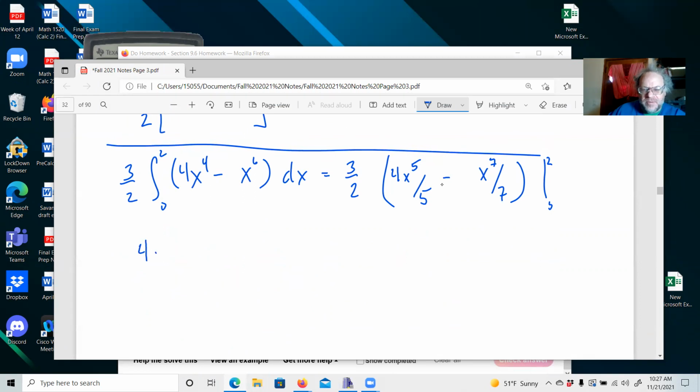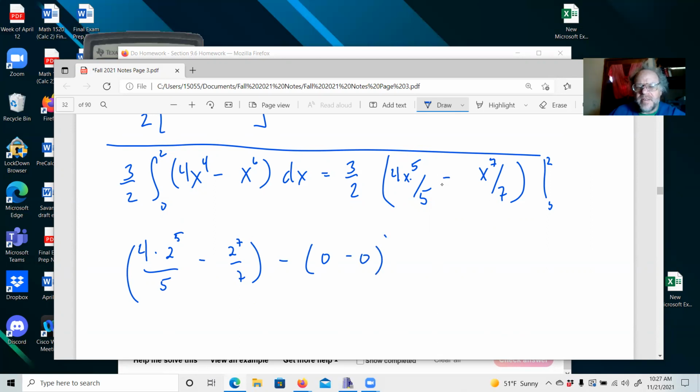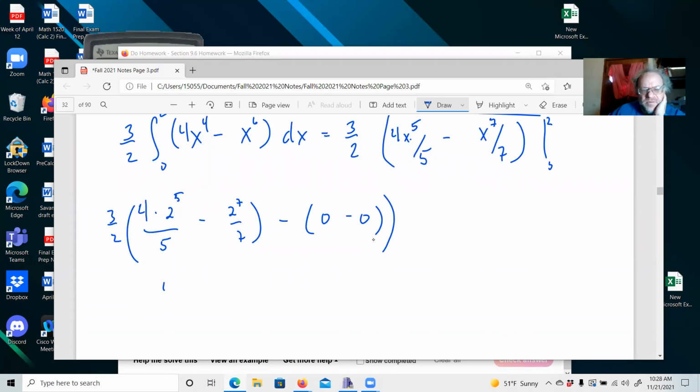We have 4 times 2 to the 5th over 5 minus 2 to the 7th over 7, minus the value at 0, which is 0 minus 0. There's a 3/2 out in front here. This is 4 times 32 over 5 minus, since 2 to the 5th is 32, 2 to the 7th is 128 over 7.